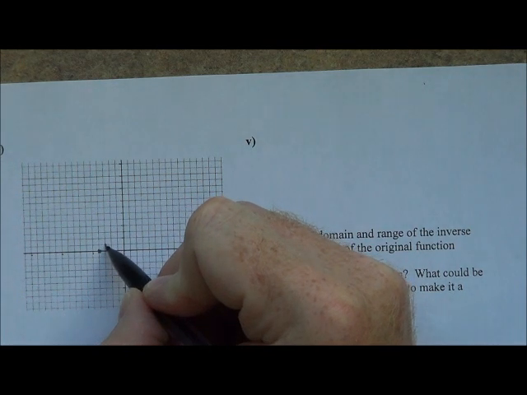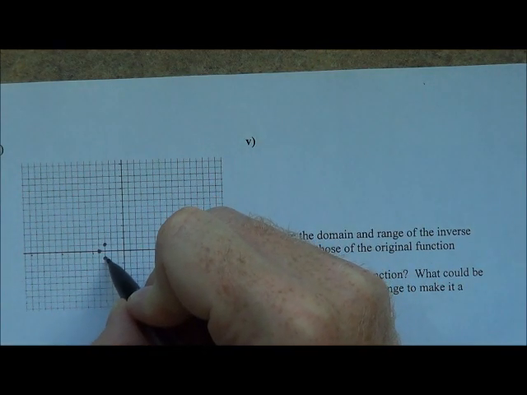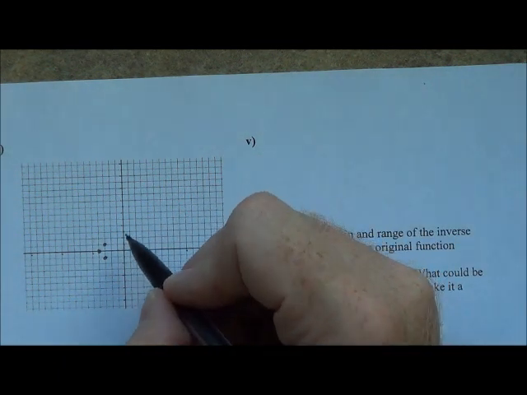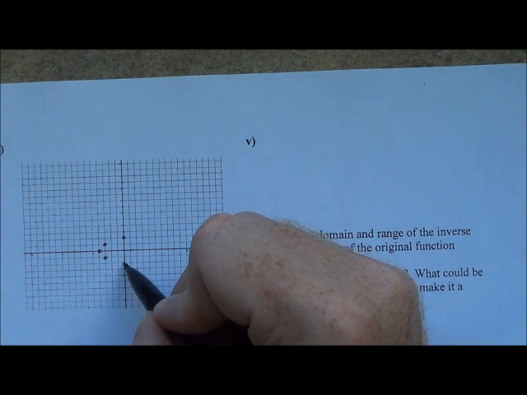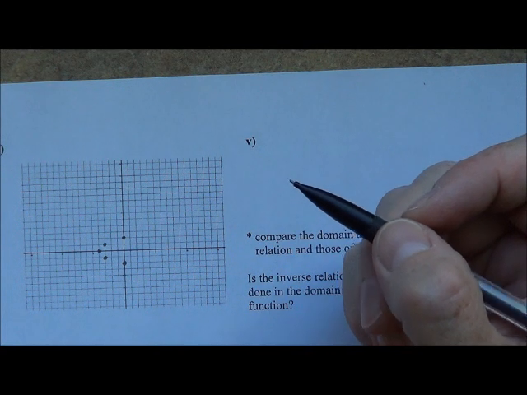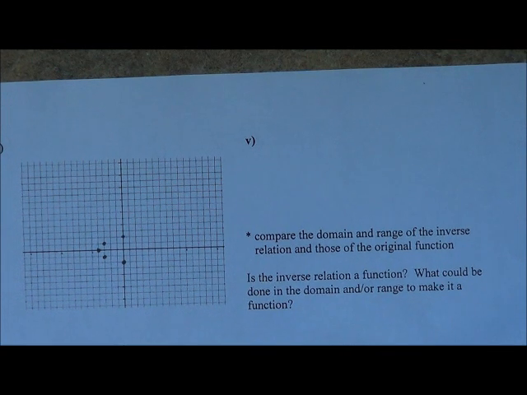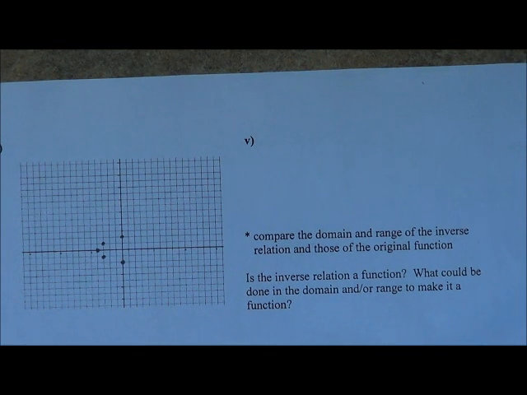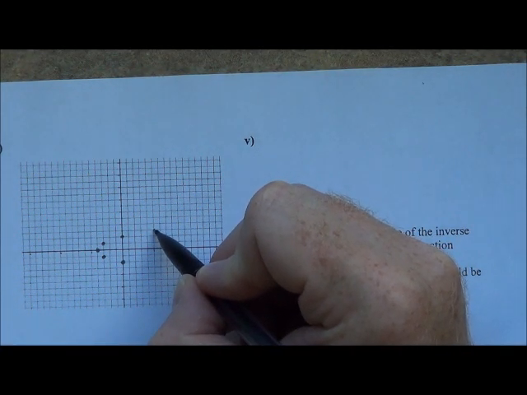So we're going to have (-3, -1) and (-3, 1), and then we're going to have (0, 2) and (0, -2). And then the other points are (3, 5) and (-3, 5), so it'll be (5, 3) and (5, -3).